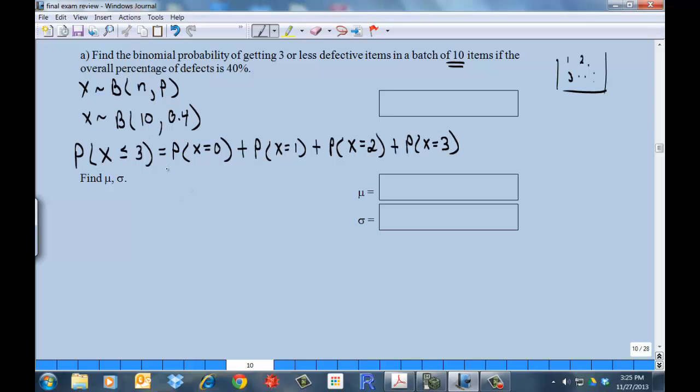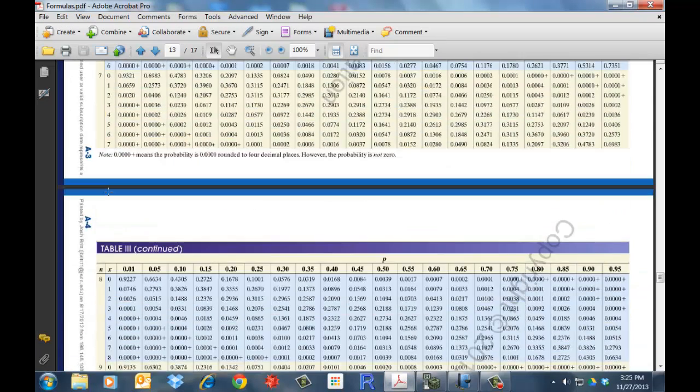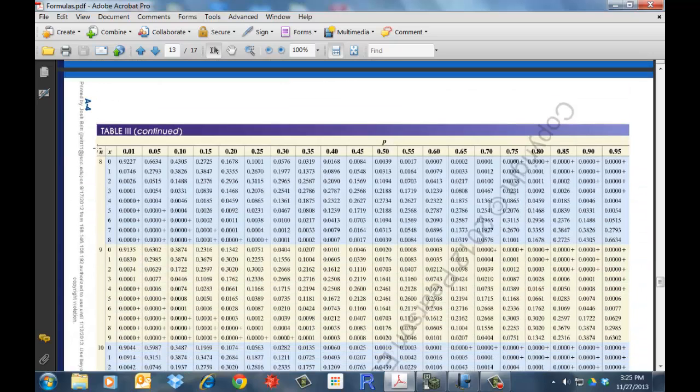Now, we're going to use the binomial tables to look up these probabilities. So what you want to do is go over to your tables, and find n equals 10. Remember, here's n, and then x, and then p is across the top.